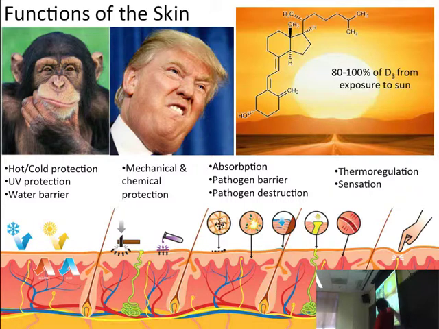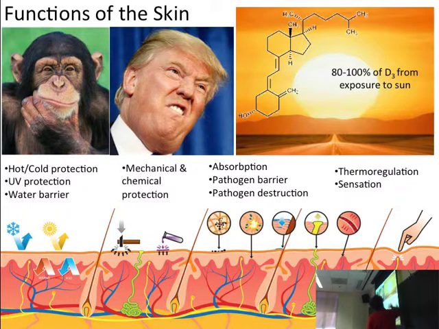It acts as a pathogen barrier, with pathogen destruction from the white blood cells found there. And then it gives rise to some sensation. It also is important in conveying gestures and emotions. The way that you contort your skin is part of nonverbal communication.